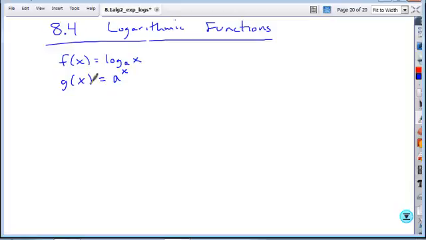And so if you go all the way back to when we were dealing with inverses, remember in an inverse, if you take a composition of functions of two inverses, you're always going to get the value x, which means if we did either of these compositions, you'll get the value x. So log a of x is going to be a value x. Okay, so these are inverses of each other.